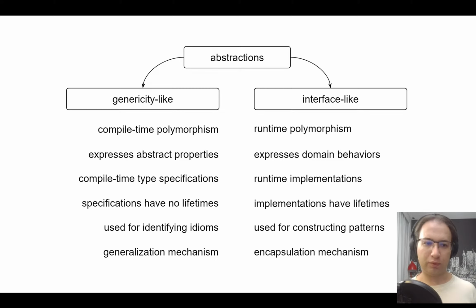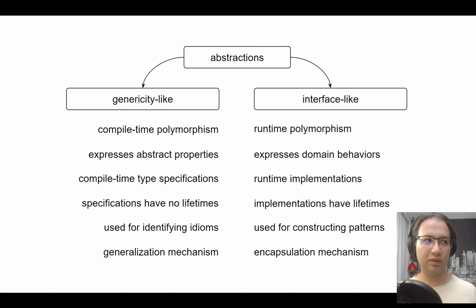This is not a general rule, but it's a good rule of thumb to distinguish them from interface-like ones. Genericity-like abstractions are such things as generics, templates in C++, various type classes and traits, type-level features such as type families from Haskell, and other things that work at compile time.